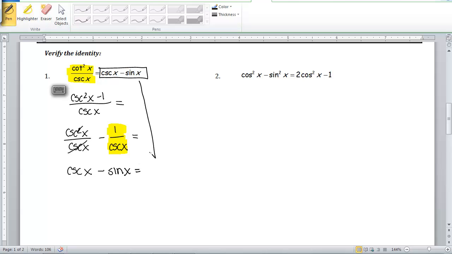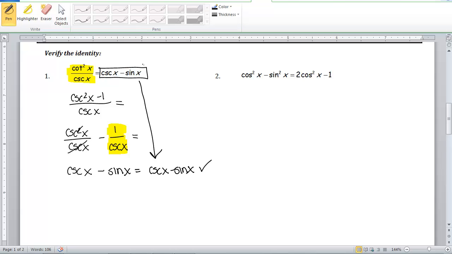And since that's what I was trying to get, I know that I'm done. You'll notice here in the verifying that the answer I'm looking for is not the final result, because obviously that was given to you. What I am looking for are the steps that you took to get to that final result.